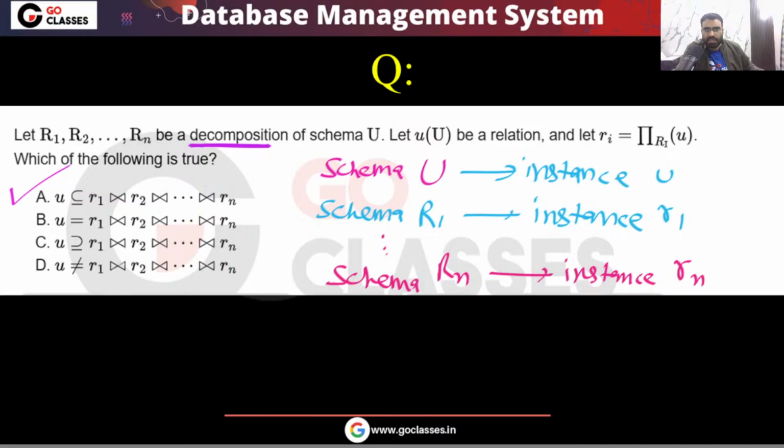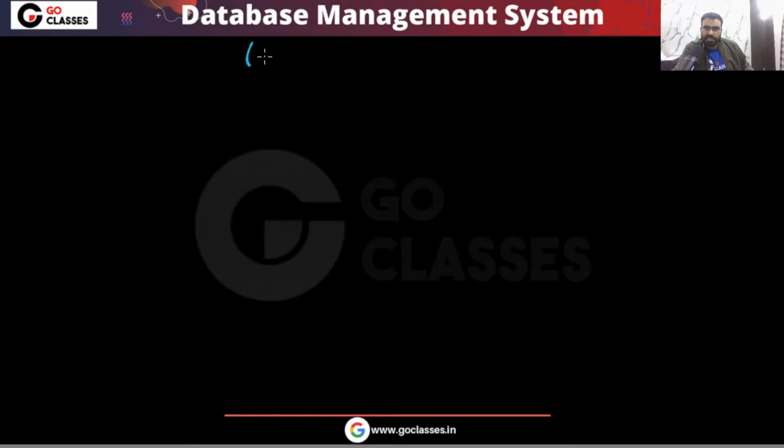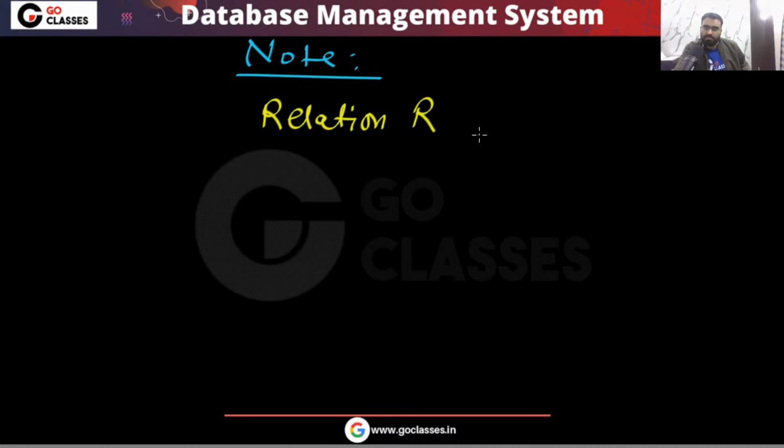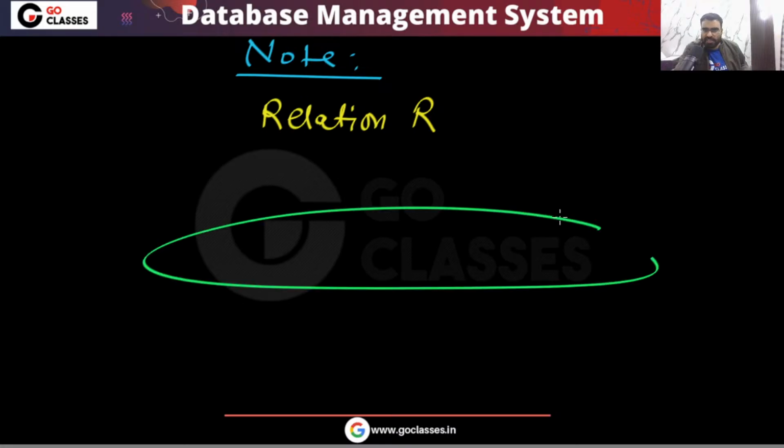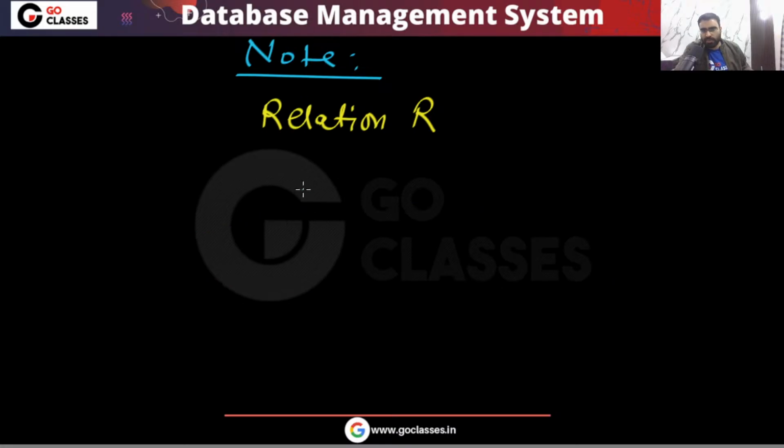I told you that we will never lose a tuple. If you remember, I told you that we will never lose a tuple. So please understand, this is an important note: whatever decomposition you take of this relation R, when you combine the decomposed relations, we will never lose a tuple.